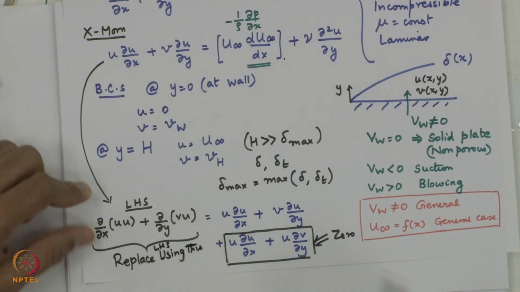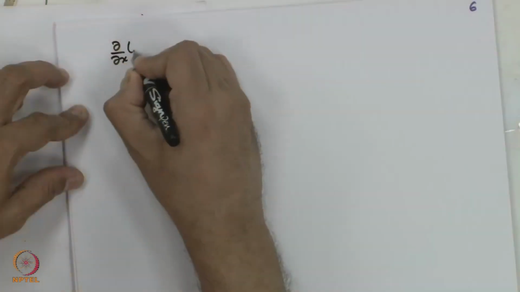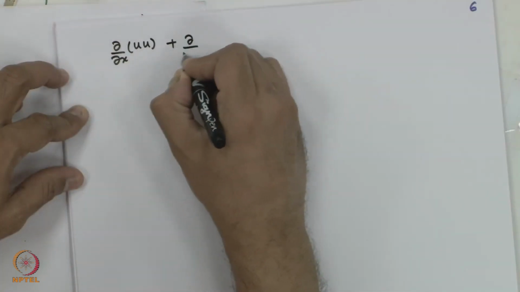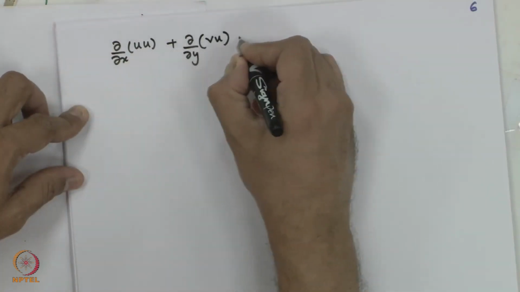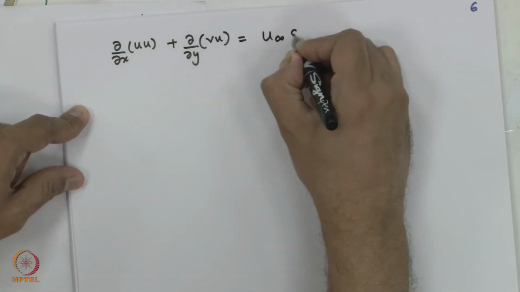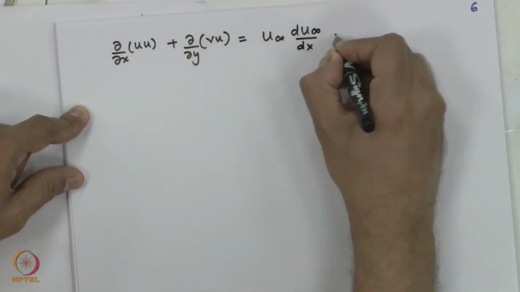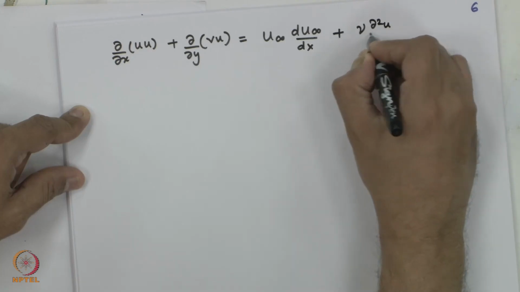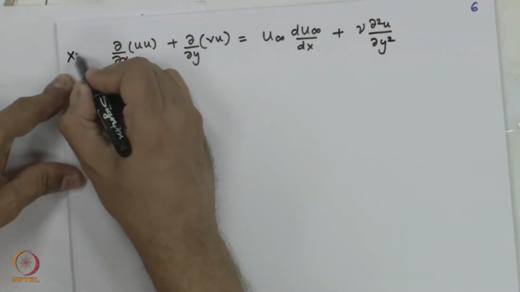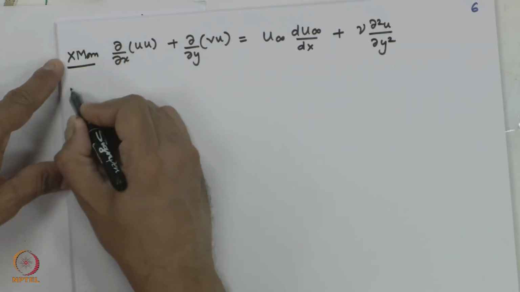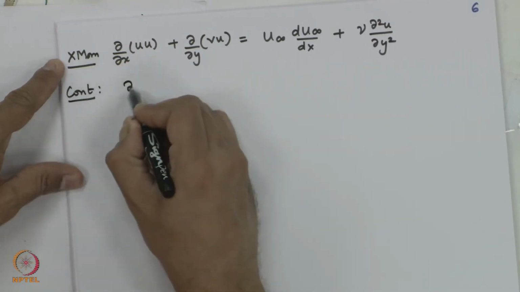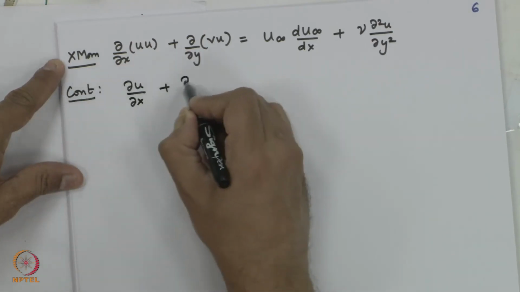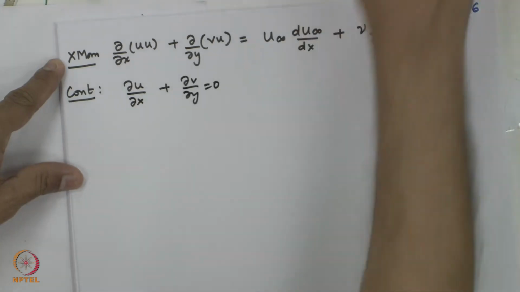My momentum equation therefore becomes d by dx of u times u plus d by dy of v times u is equal to u infinity du infinity by dx plus nu d squared u by dy squared. This is your x momentum. Continuity remains the same, du by dx plus dv by dy equal to 0.